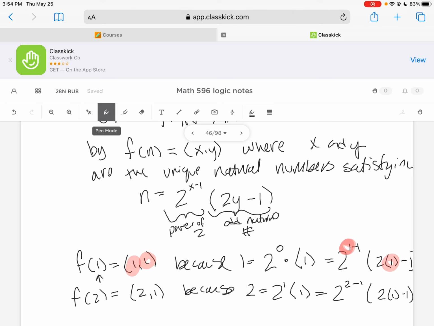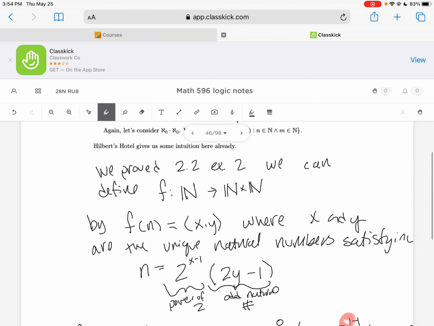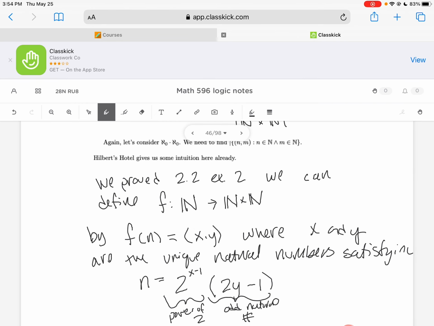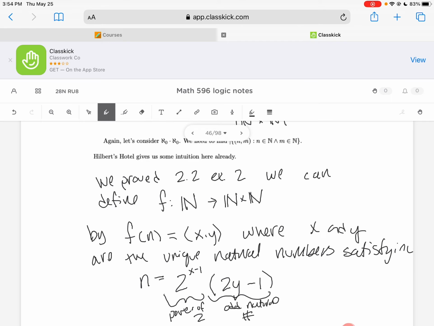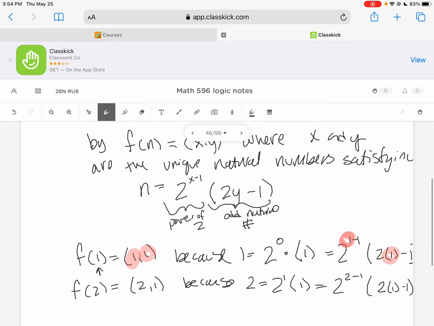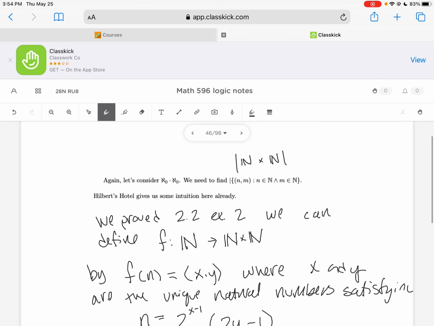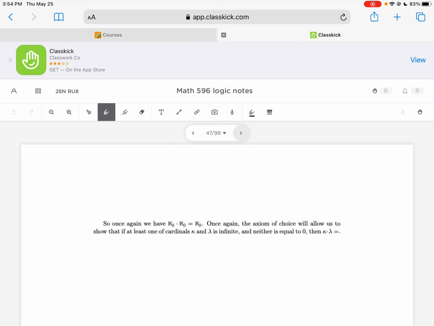Of course, we would have to actually prove that this is well defined and that it is a bijection, but you could prove that as an exercise, and that shows us that the set of natural numbers has the same cardinality as N cross N, or N many copies of N. Now, this tells us that aleph naught times aleph naught is in fact equal to aleph naught.